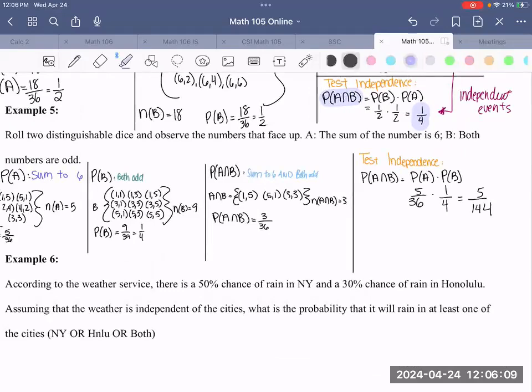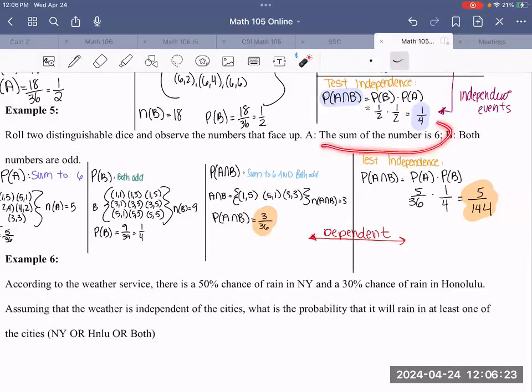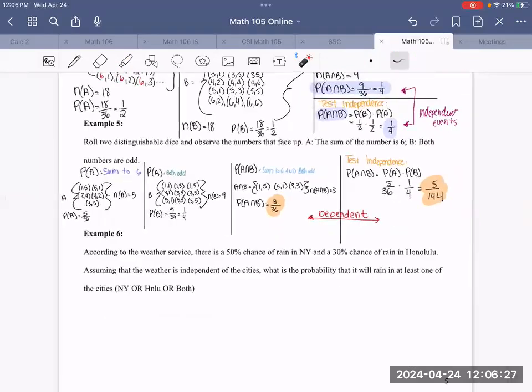Now, does that equal this? No, they are not equal, therefore they are dependent. Which means in order for them to sum to 6, right, they both have to be odd numbers.